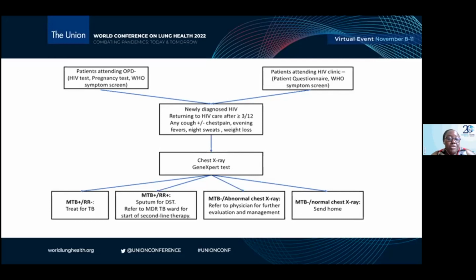If there was rifampicin resistance, they were referred to the MDR TB treatment unit for second-line therapy. If the GeneXpert test was negative, although they had an abnormal chest X-ray, they were referred to the physician for further evaluation and management. And if they had a normal chest X-ray and were MTB negative, then they were sent home.